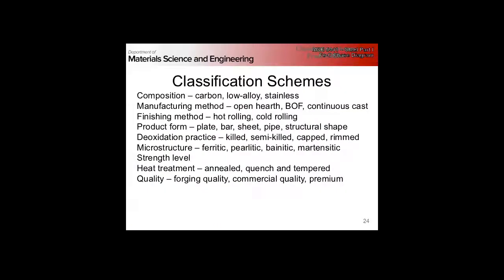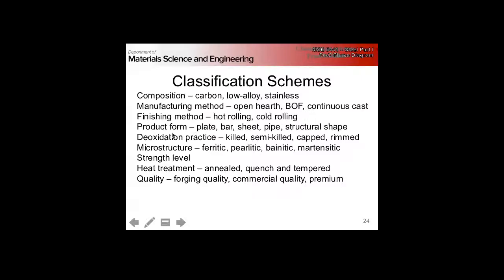Okay. So there's a lot of slides here that are primarily for reference, right? This is just basically how we classify steel, and what are the main descriptors, right? So in terms of composition, generally carbon steel, low alloy, stainless, advanced high strength, high alloy, right? We just basically have a whole bunch.